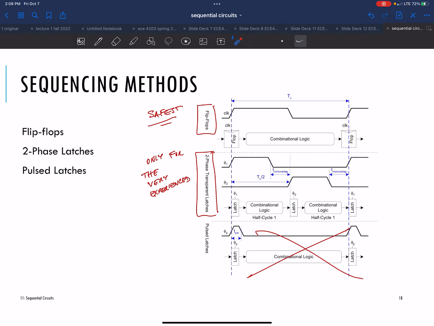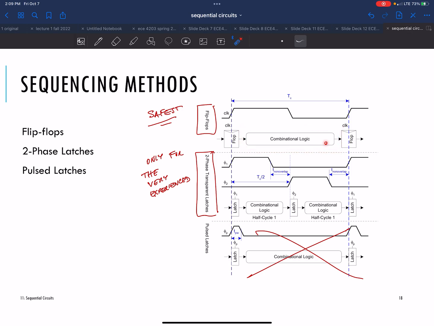All right? So what that means is this combinational logic better get done before the second clock edge arrives. So basically you have this amount of time, which is one clock period, to do whatever you're going to do in this combinational logic.